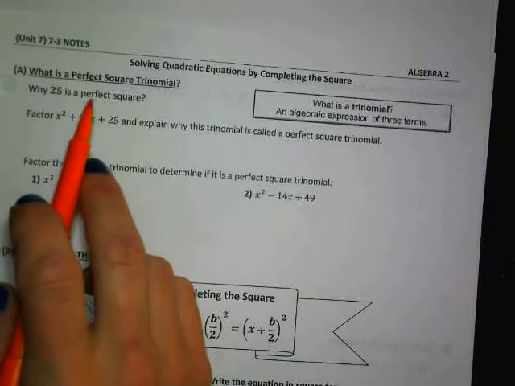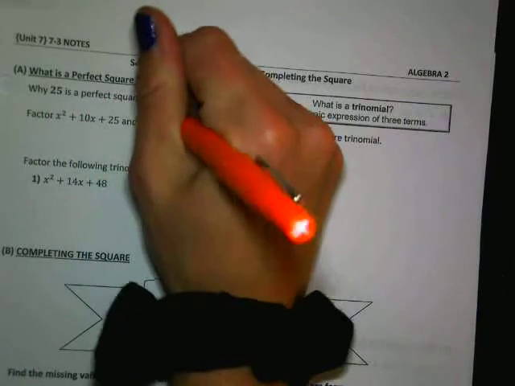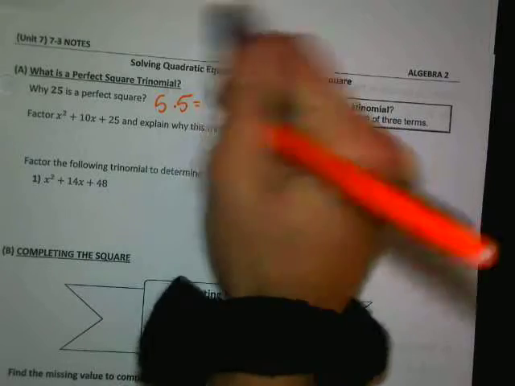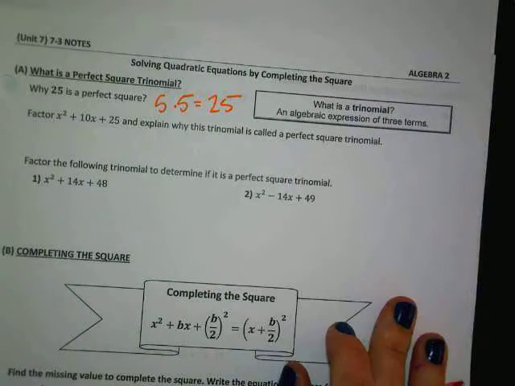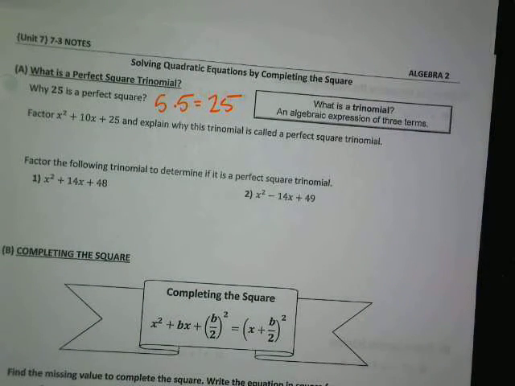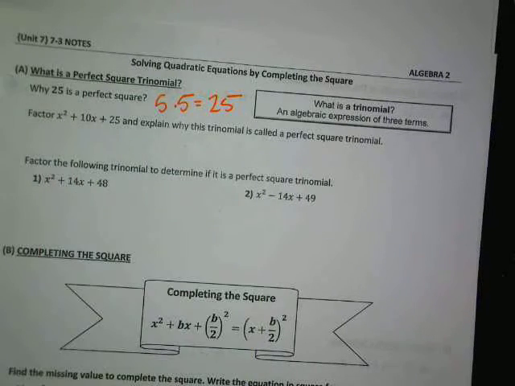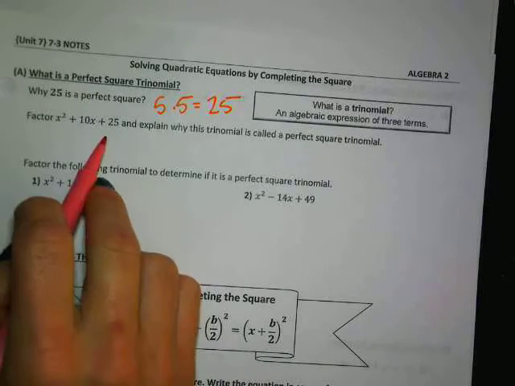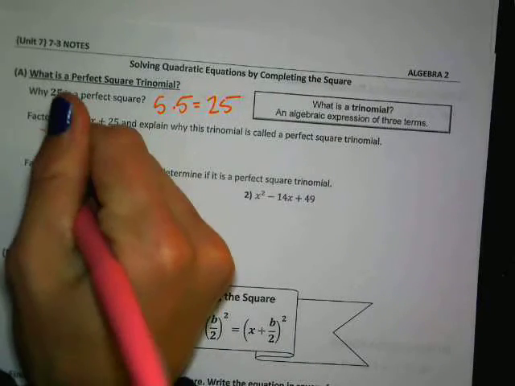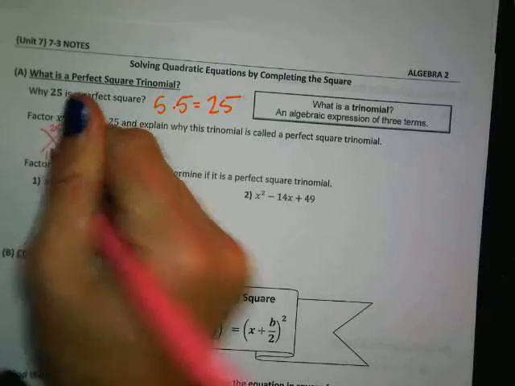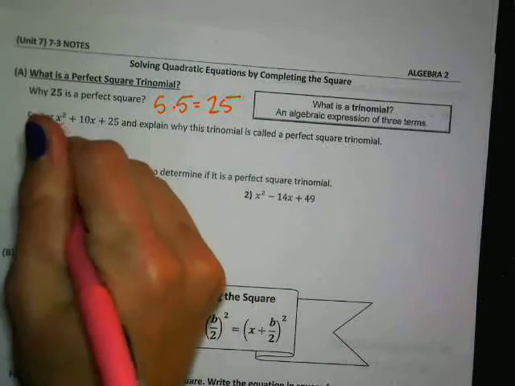Why is it a perfect square? Because 5 and 5 split. Right, because 5 times 5 is 25, or the square root of 25 is 5. So when I start talking about x squared plus 10x plus 25, what two numbers multiply to give me 25 but add to give me 10? 5 and 5.